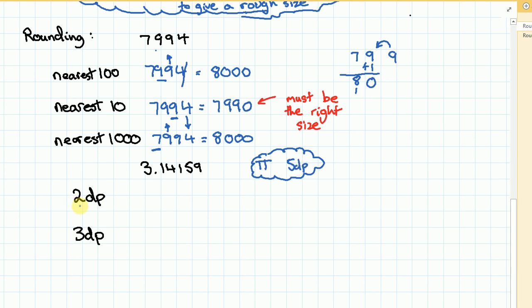Well, the thing I need to look at is what is in the second decimal. I want to know up to the second decimal place, so that's 3 point, first decimal place, second decimal place, so I want the 4. What does 1 say do? Move up or down? Down. So we have pi to 2 decimal places is 3.14.